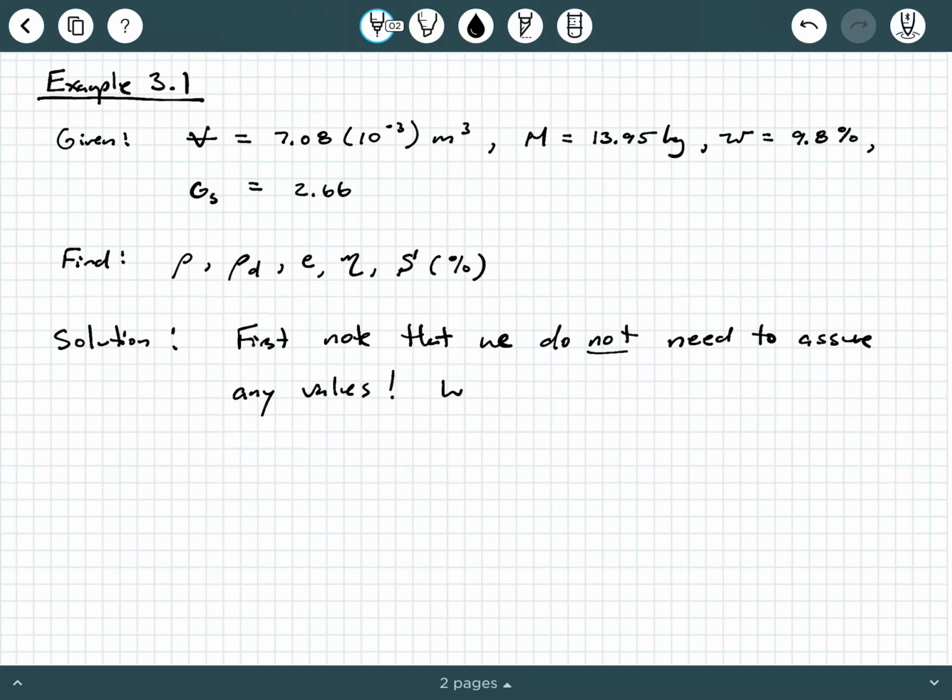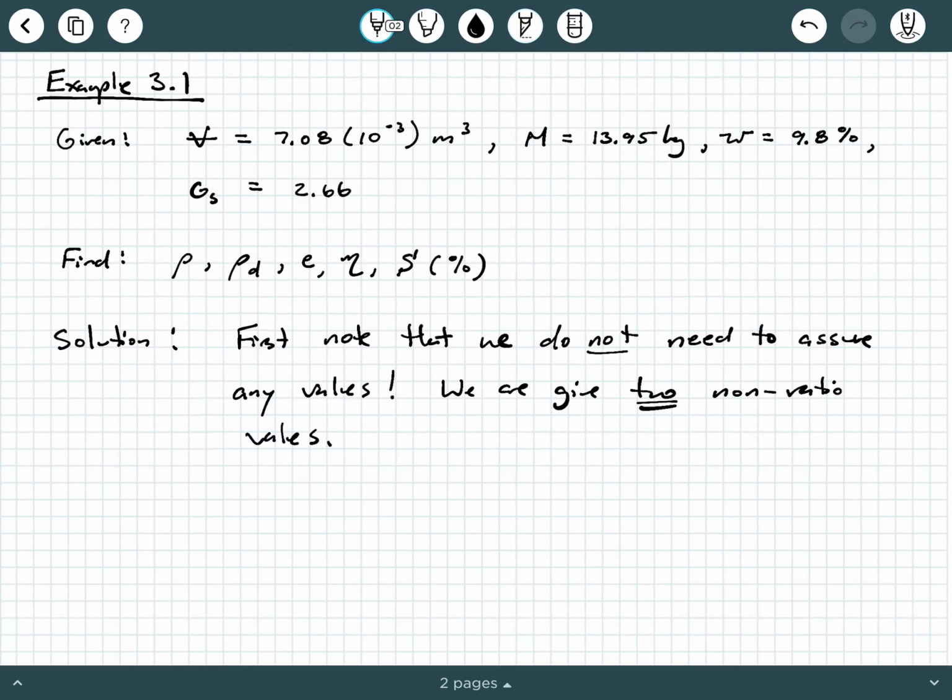Notice that we are given two non-ratio values, so we don't need to assume anything is equal to 1. What are they? We're given a total volume, which is not a ratio, and a total mass, which is also not a ratio. Really, we only need one non-ratio value, but we're given two, so we don't need to assume anything.